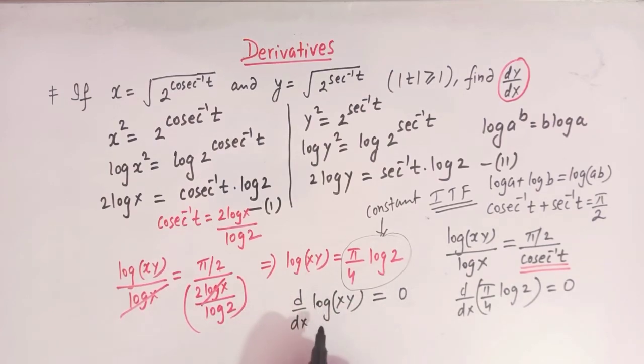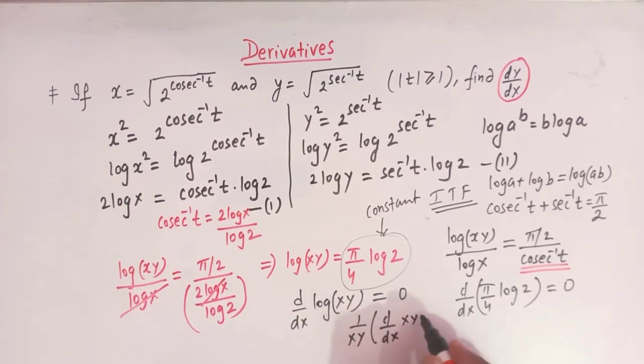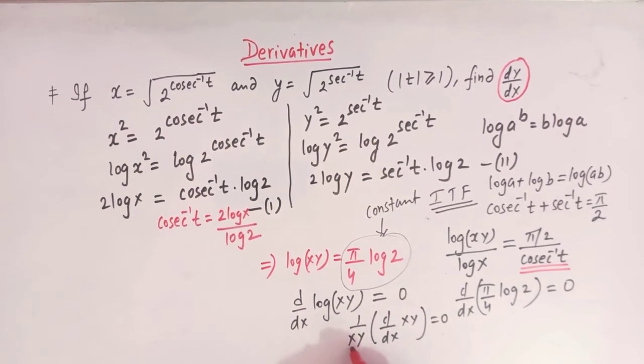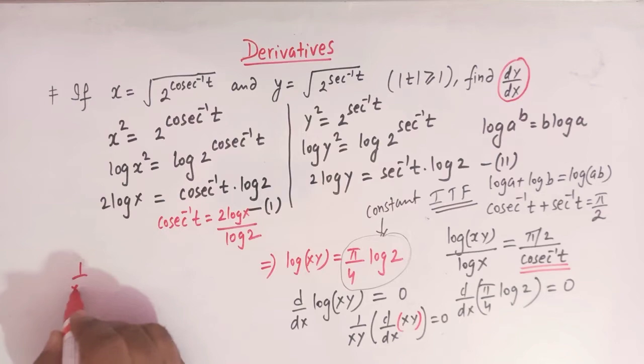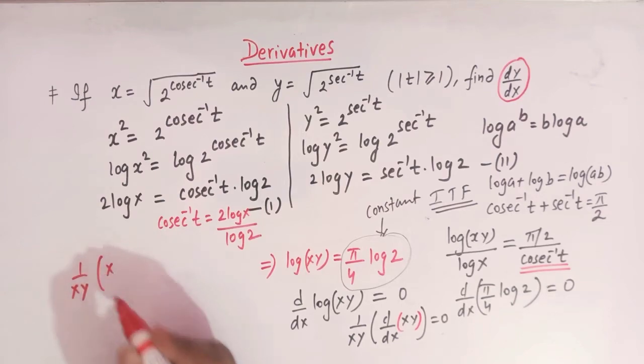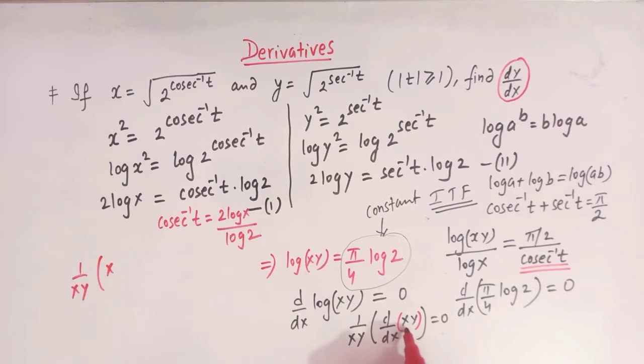So the derivative of log of xy is 1 over xy, and then we have to differentiate this xy by chain rule, right? So now we can differentiate xy with respect to x. So we have 1 over xy, then for x times y, the first function, we will use the product rule.